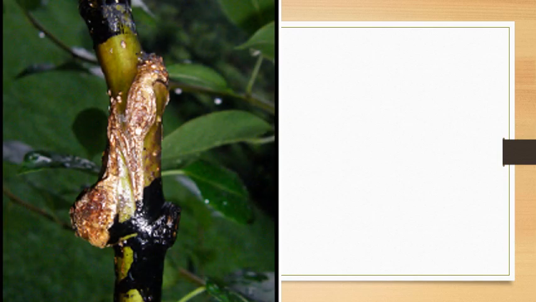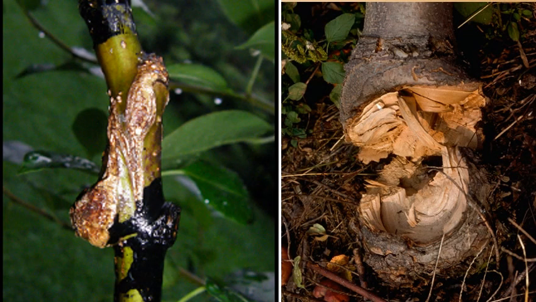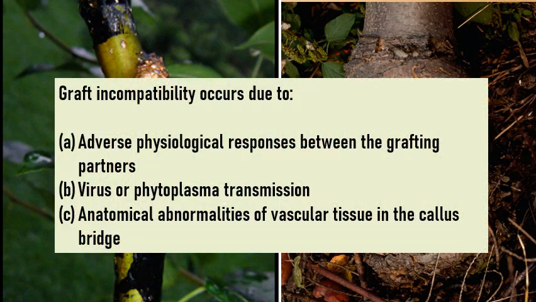Why does incompatibility occur in grafting? Graft incompatibility occurs due to several reasons. The first one is due to adverse physiological response between the grafting partners, either rootstock or scion. Next, it may be due to virus or phytoplasma transmission. And another reason is that it may be due to anatomical abnormalities of vascular tissue in the callus bridge.